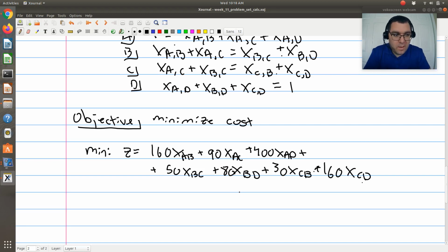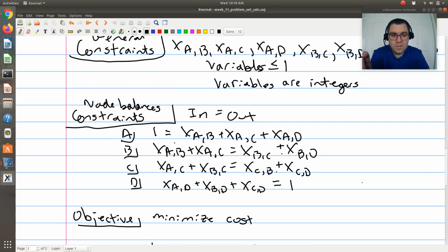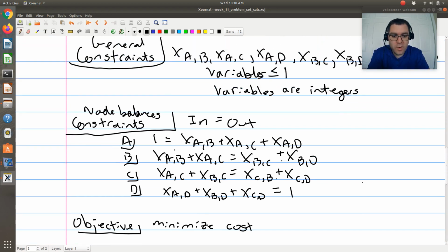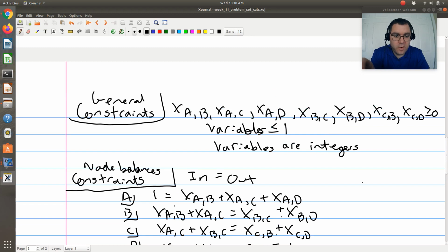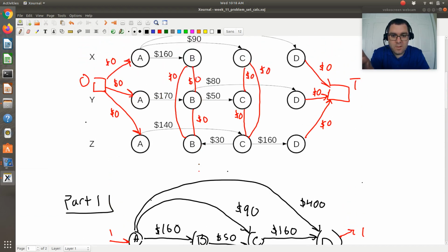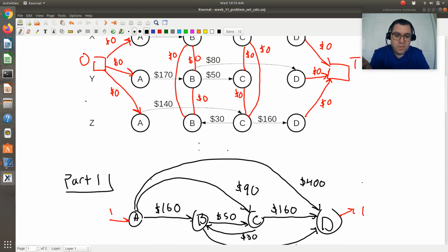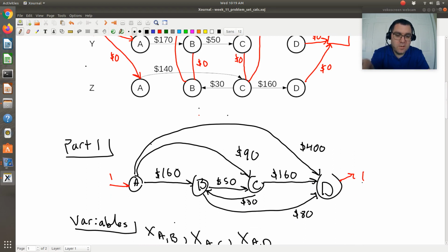Okay, so that's part one. So the goal would be to minimize our costs, which is found by this objective function. Subject to our constraints, we have our node balance constraints, and our constraint that our variables are essentially going to take on values of 0 and 1. And then just to summarize what we did: since the transfer between airlines at our nodes is $0, we essentially just consolidated our network, so we had a single node A, B, C, and D. We didn't distinguish between airlines.